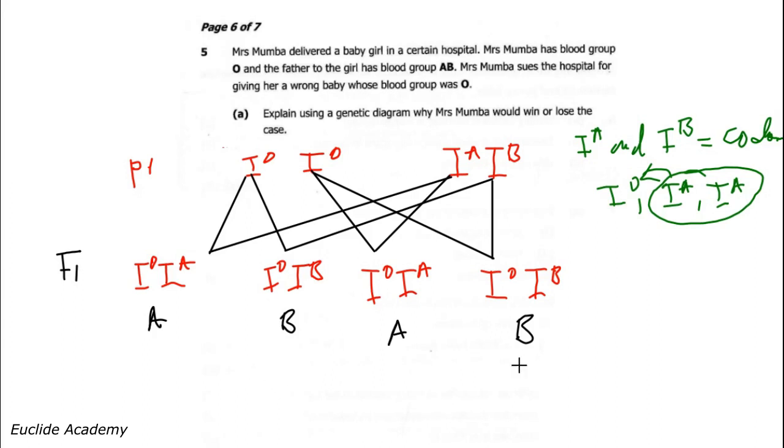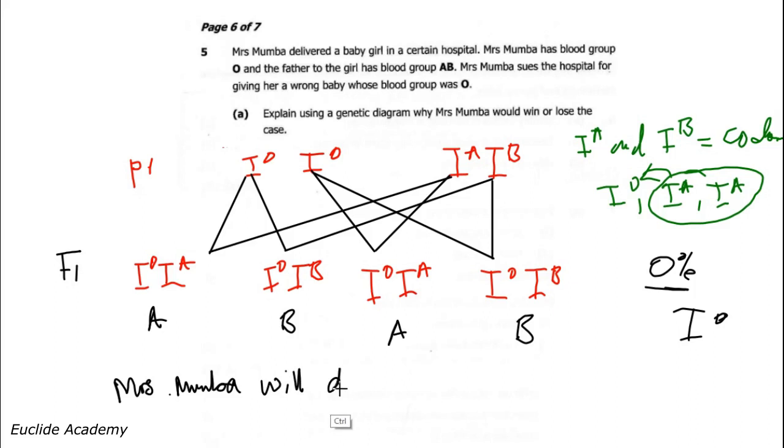So this child will have blood group A, this child blood group B. Since A and B are dominant, this will be A and this will be B. So there's actually no chance that she will have a child who has got blood group O. In short, the probability is 0, or 0%, that she can have a child with blood group O.